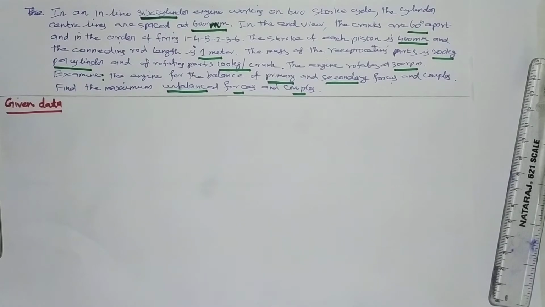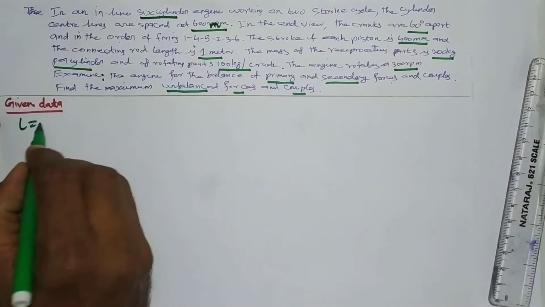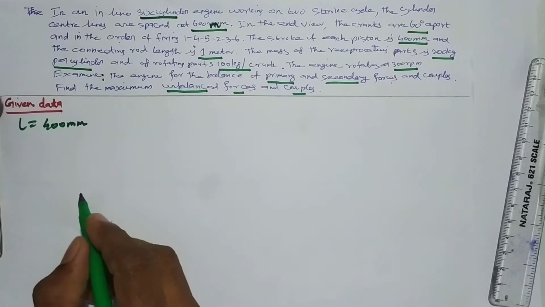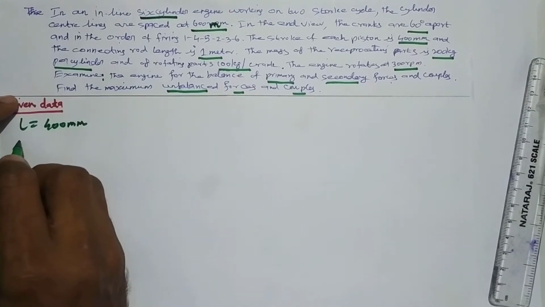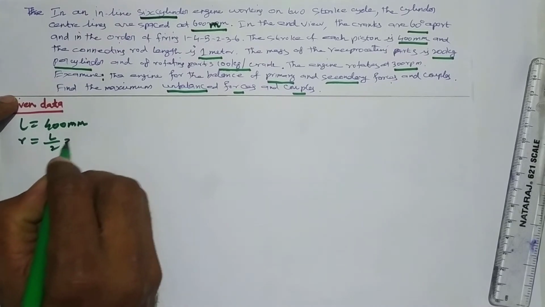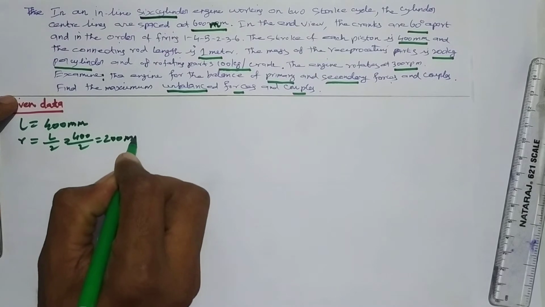The stroke length is 400 mm, so the radius of the crank is equal to L by 2, that is 400 by 2, that is 200 mm.